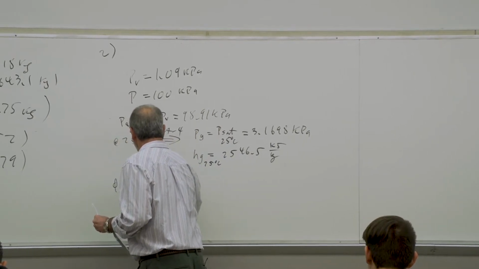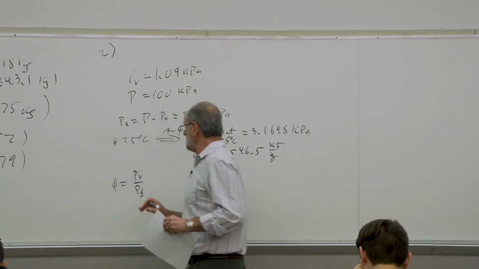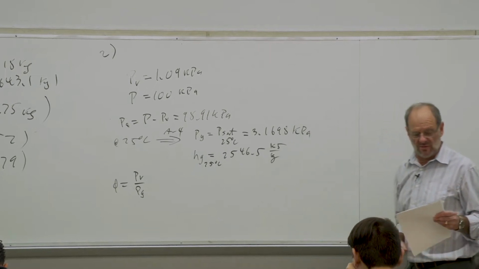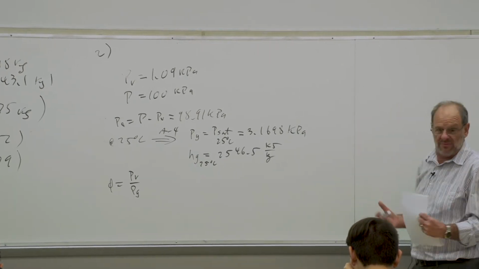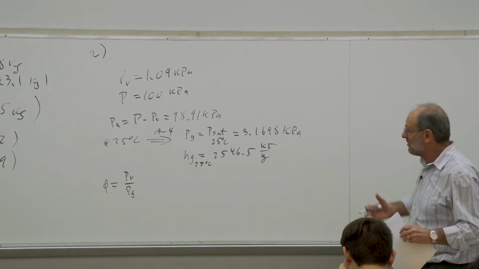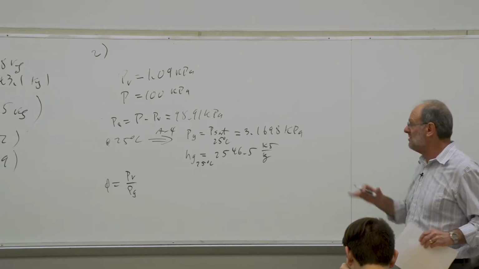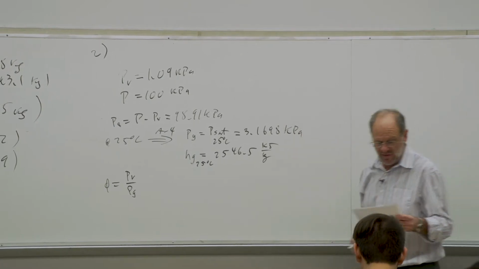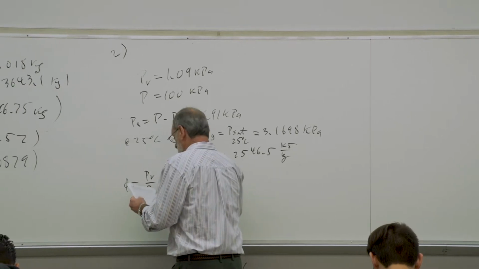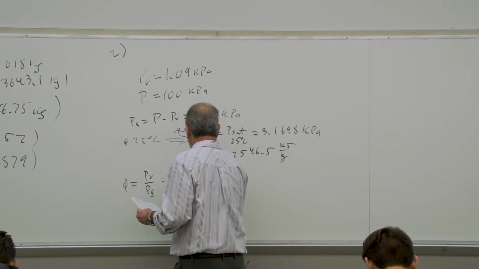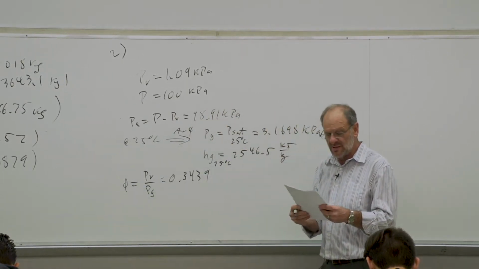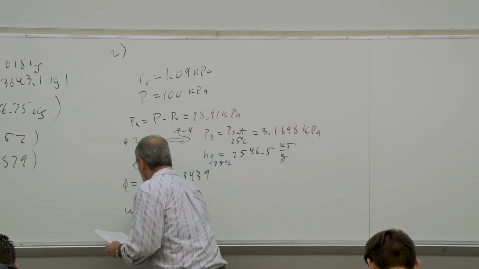So the relative humidity is the partial pressure of the water vapor divided by what represents the maximum possible partial pressure of that water vapor at that given temperature, right, the PG term. So we just find this, and it's 0.3439. You can express it as a percent if you want. We can find omega pretty easily.